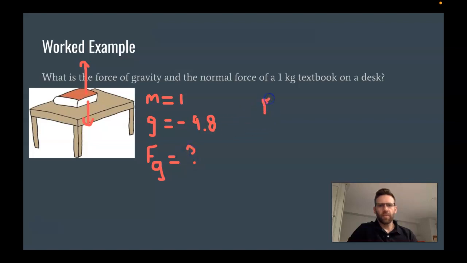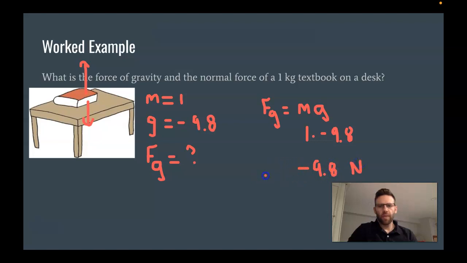You can see that the force of gravity is mass times gravity. So we have 1 times negative 9.8. That becomes just negative 9.8 newtons. That's the force of gravity on the textbook.